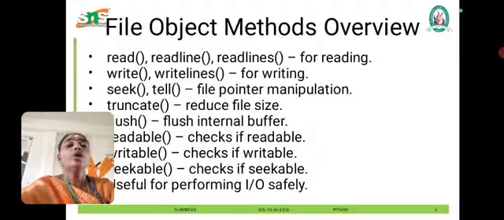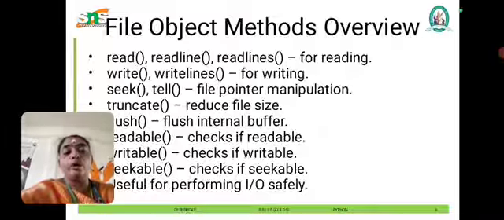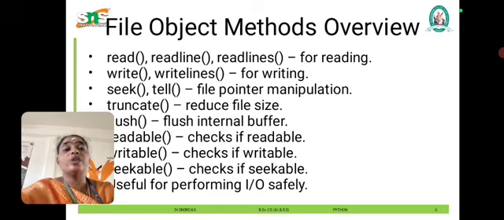Similarly, write writes character by character to a file. writelines writes a group of lines. seek and tell identify the file pointer's current position in the file. truncate reduces your file size. flush handles the internal buffering. readable, writable and seekable check whether the file can be read, written or sought. These perform input and output operations on your file with the help of the file object methods.